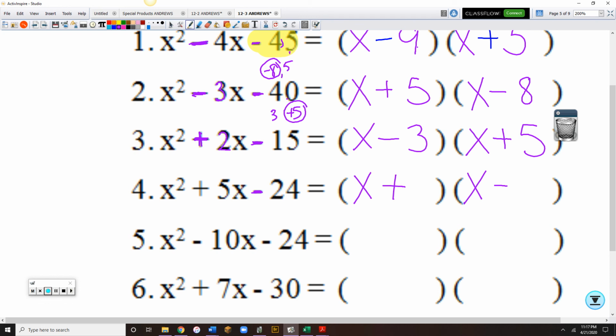So multiplies to 24, subtracts to 5. Well, we've got 8 and 3 that do that. Okay. 5 is a plus. That means the larger number, 8, is the one that gets the plus sign.